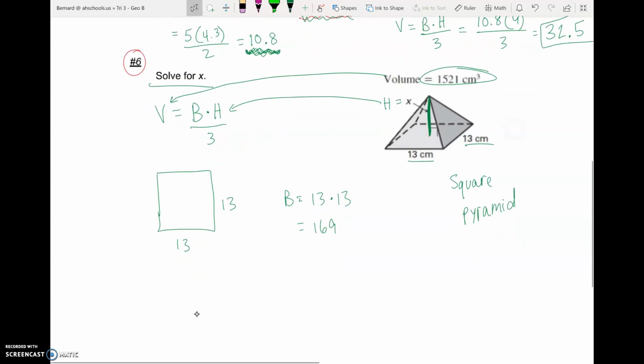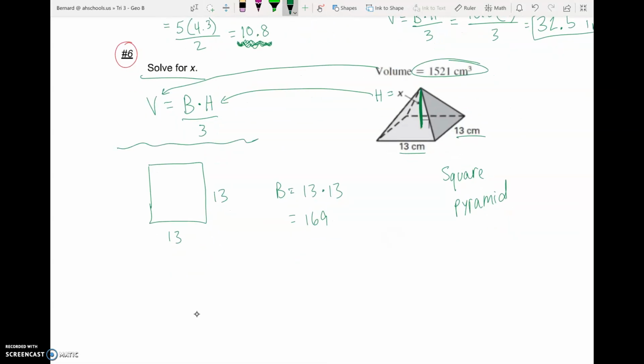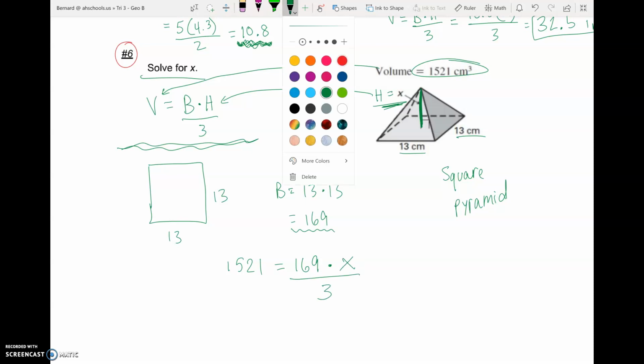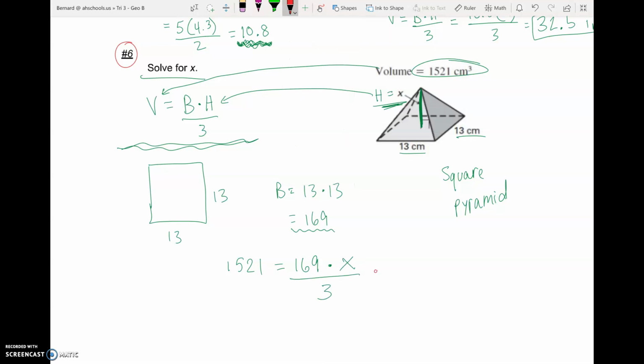And so let's start plugging things in to this formula up here. I know the volume. It is 1,521, and it equals big B times H. Again, big B is 169 times, and we'll just say x, because we're solving for x, and that's what h is. And then divide by 3. And so just like in the other versions of this problem, let's times both sides by 3.